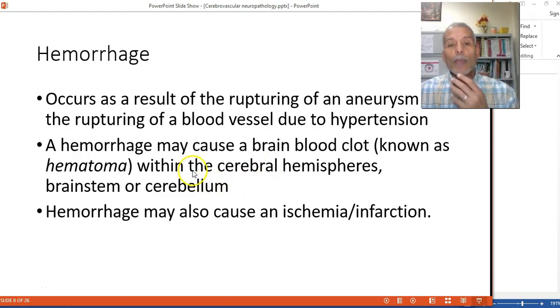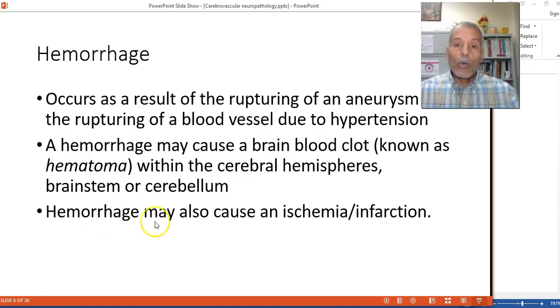That hematoma can exist in one of the cerebral hemispheres, or it can be in the brainstem or the cerebellum.